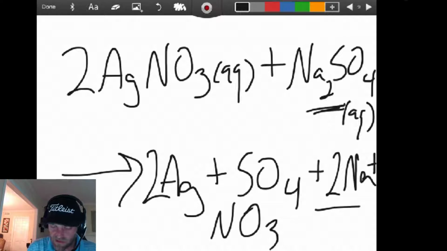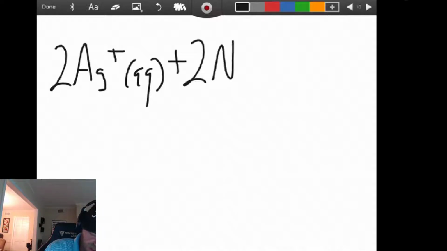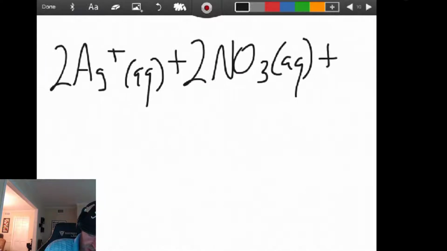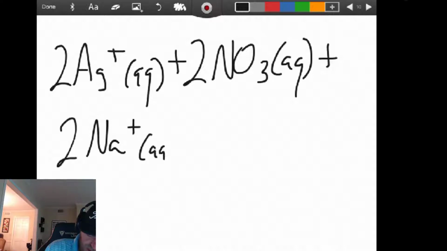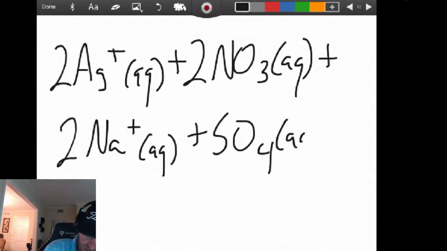Okay? So now that I know there's no reaction, let's go through and do the ionic equation. So it is 2Ag plus AQ plus 2NO3 AQ plus 2Na plus AQ plus sulfate AQ 2 minus.